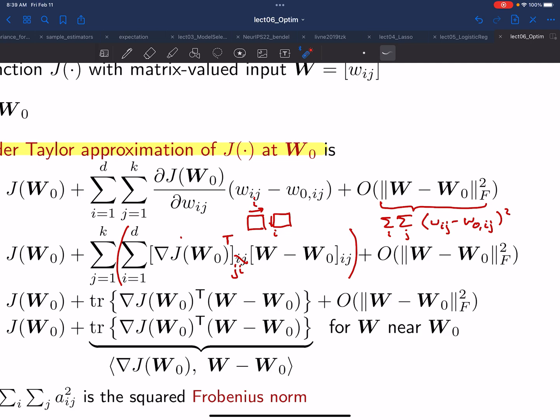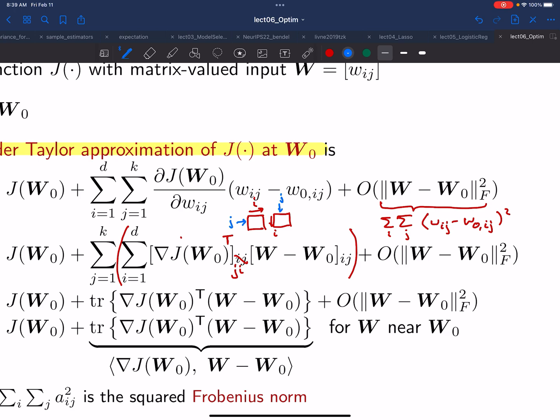In particular, I'm looking at the jth entry here and the jth entry here, the same location on both sides, j and j.